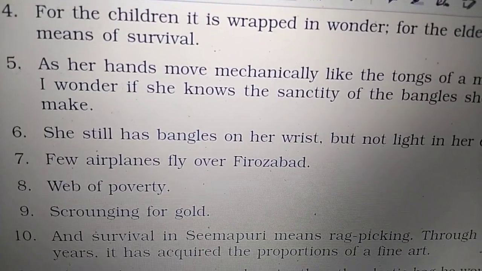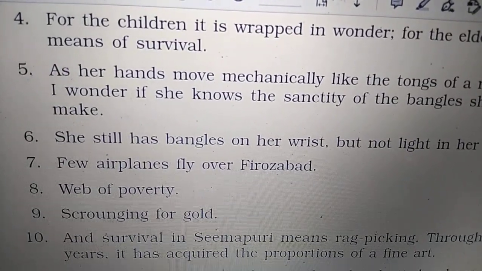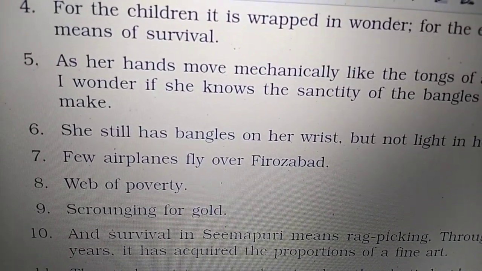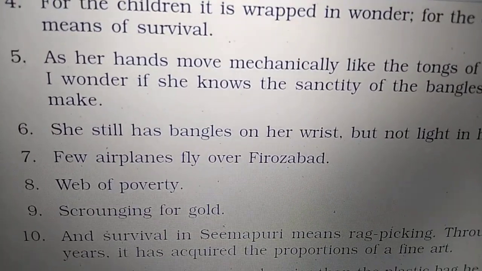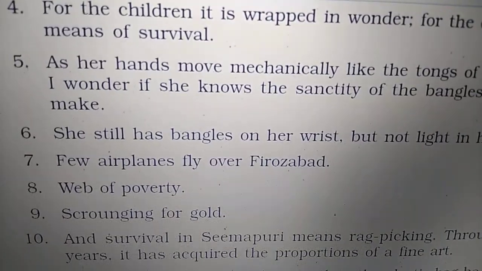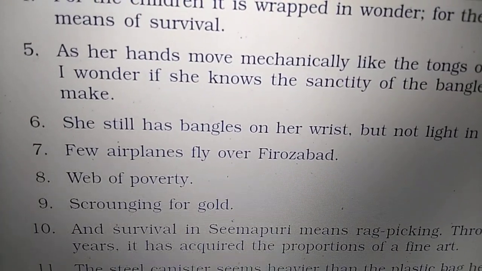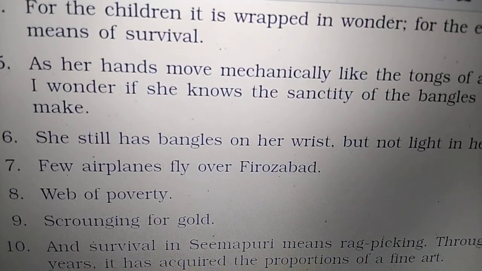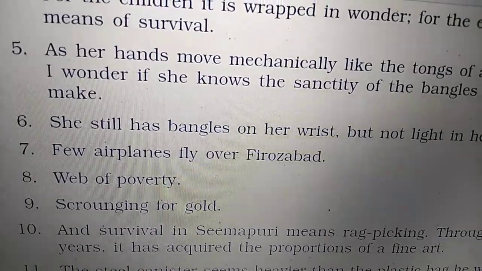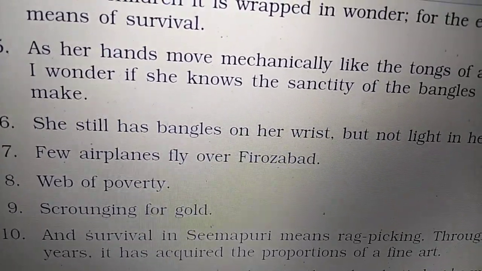Here the author has exaggerated the useful things that they found in garbage, and she has directly said gold for it. It means the phrase has been exaggerated. Actually, they didn't find gold in the garbage, they just found some coins.